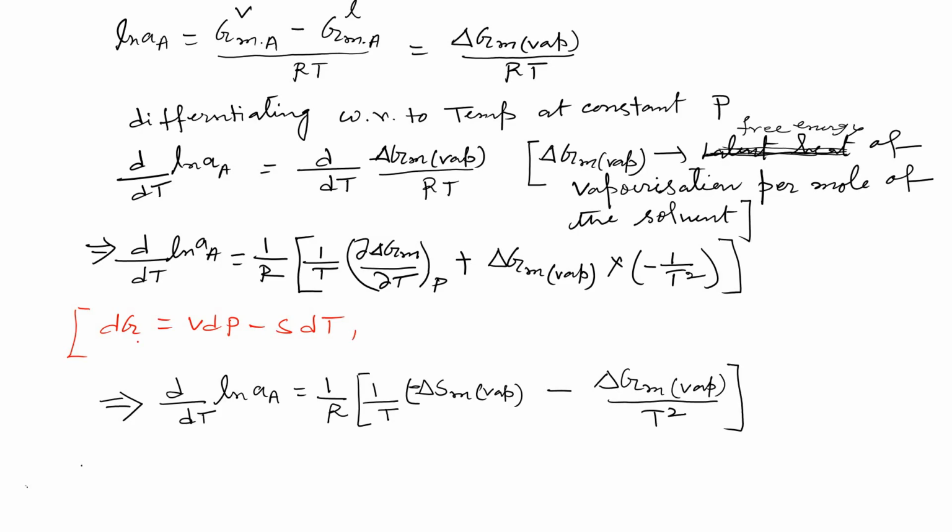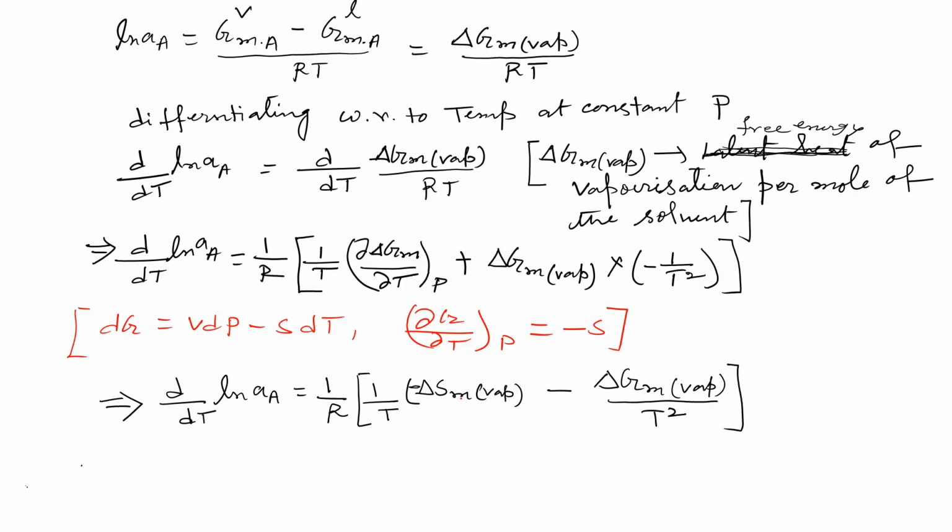So if we differentiate with respect to temperature at constant pressure, the partial of G by partial T at constant pressure is equal to minus S. So in place of the partial of delta Gm by partial T at constant pressure, I can write minus delta Sm, the molar entropy of vaporization, that is the entropy change during vaporization per mole of the solvent.